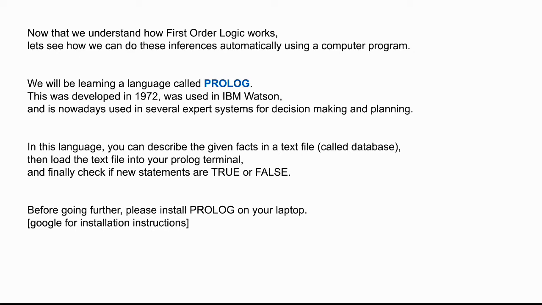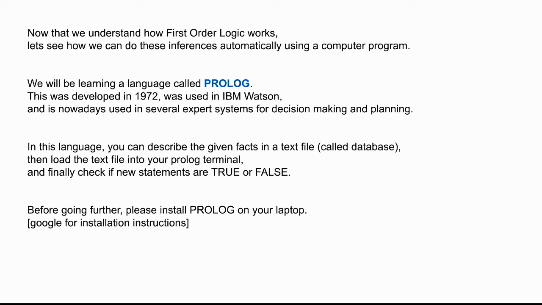Nowadays, although its usage has somewhat declined because of the rise of other AI techniques like neural networks, it is still used in several expert systems for decision making and planning, because in some systems you want the decision making to be very precise and use a lot of domain knowledge, and you can't take chances with the system learning from data, because in some critical applications the algorithm can learn all kinds of wrong things and may even be biased, which may not be acceptable.